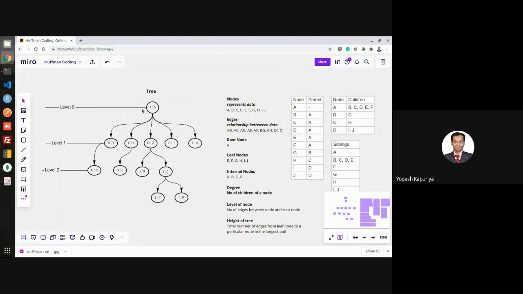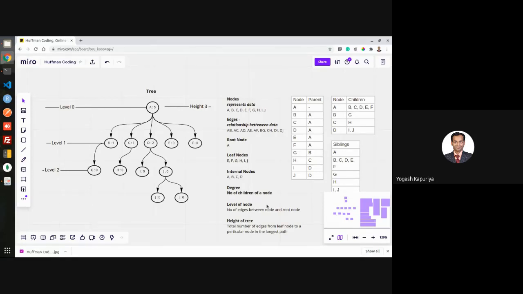So in that case, the height of this tree is 3, because the total number of edges on the longest path is 1, 2, and 3, right?